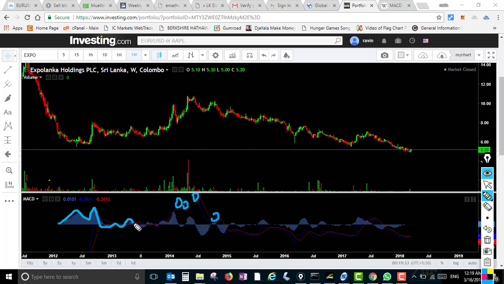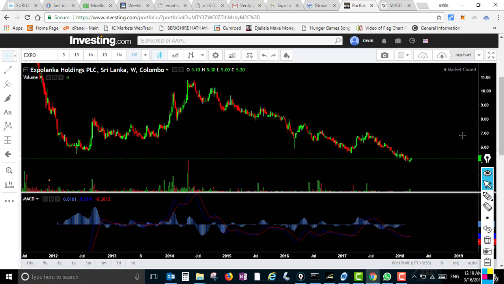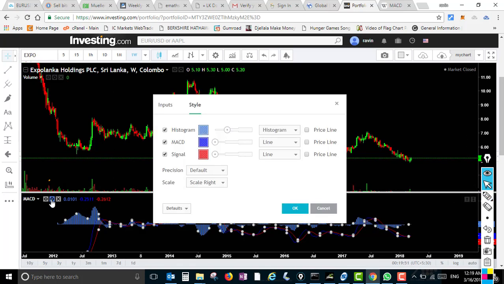What I am using is the zero line crossover as well as the divergence. We'll see what these mean to a trader. First I will show you the parameters. I'm using the histogram only, to see the zero crossover and the divergence.